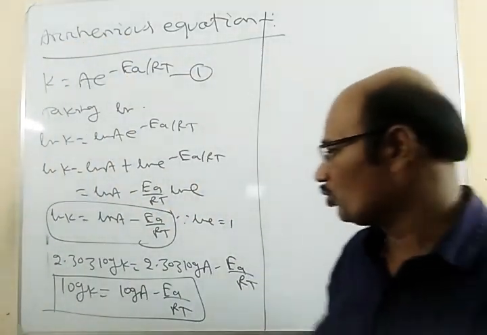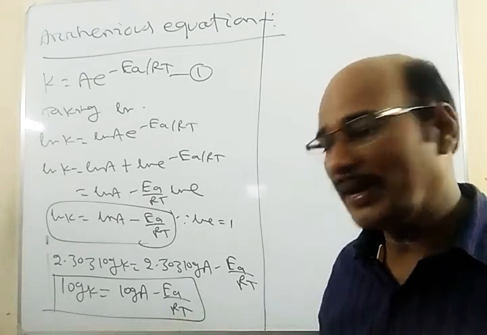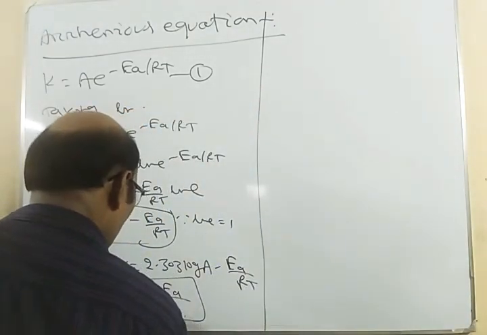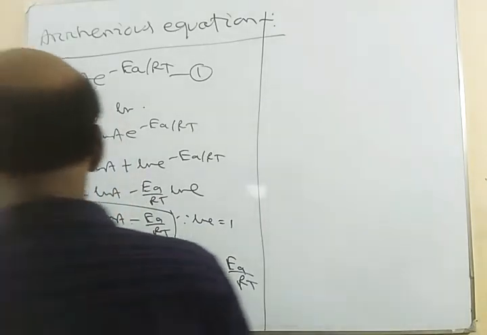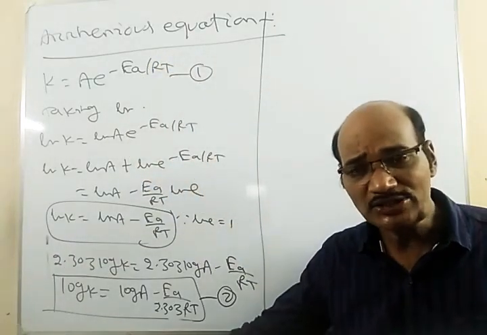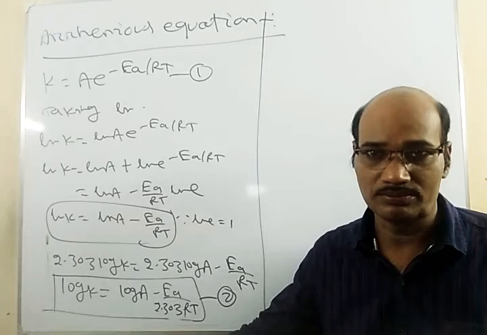Okay, so log k is equal to log A minus Ea by 2.303 RT. This is called the Arrhenius equation in logarithmic form.